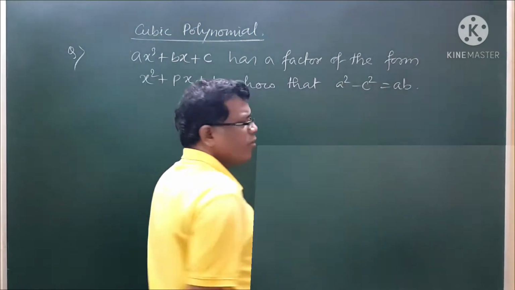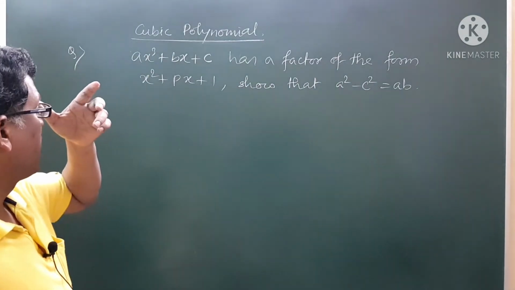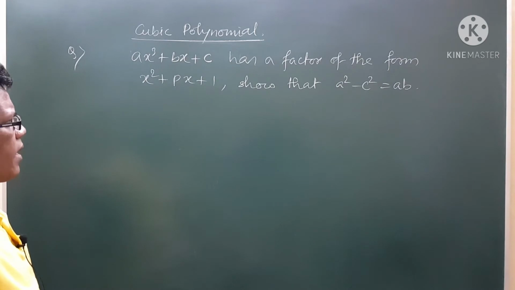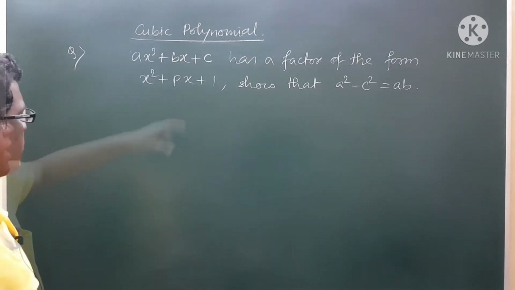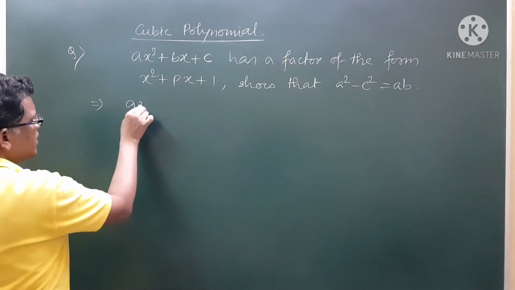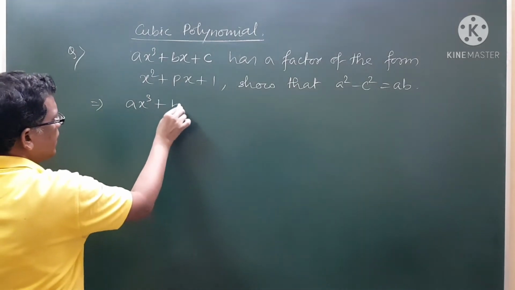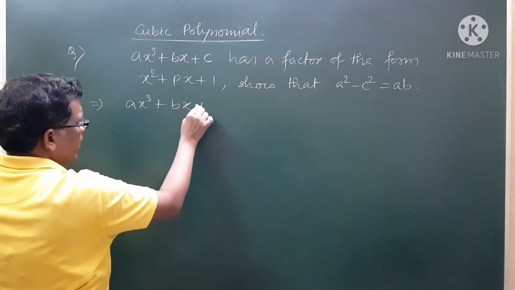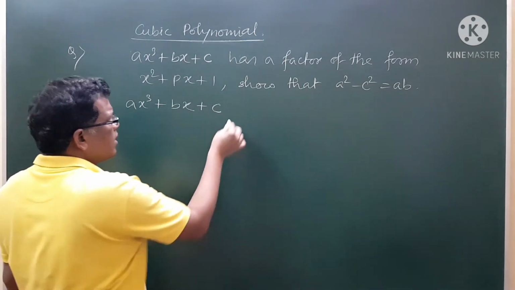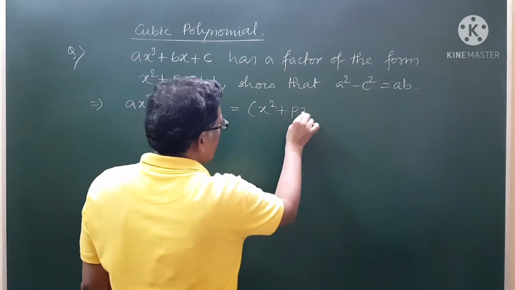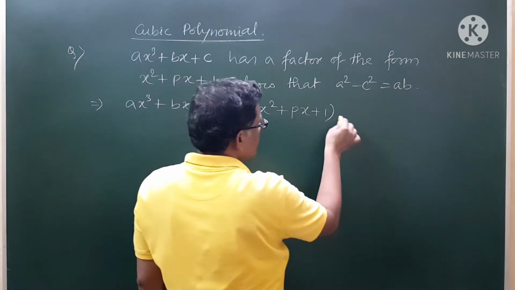This we have in the question: ax cube plus bx plus c has a factor of the form this. So that means whenever a polynomial is ax cube plus bx, it is missing the x square term, right? So this has x square plus px plus 1 as one factor.